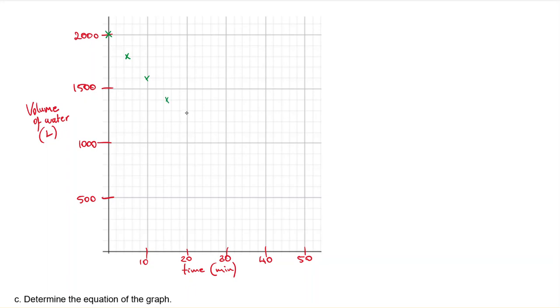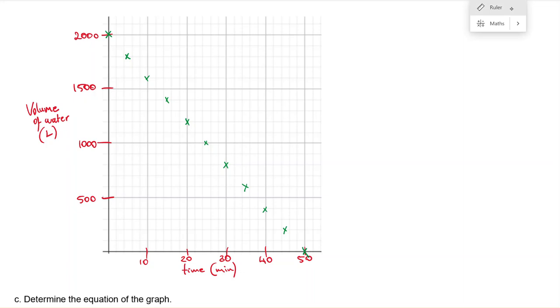At 20 it's 1200. At 25 it's 1000. At 30 it's 800. At 35 it's 600. That's about there. At 40 it's 400, and then 200, and then 0.